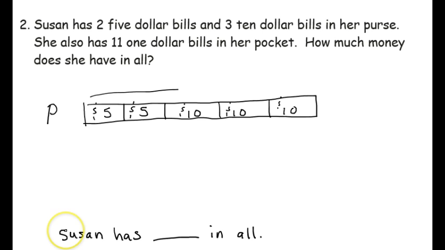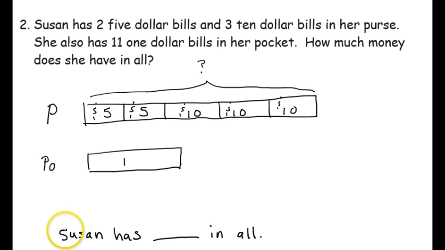And we'll want to come up with the total for the amount in her purse. Then I'm going to also show that she has, I'll put PO for pocket, and she has $11 in her pocket. The final question is the combination of both of those. So I'll put a question mark over here to remind me that I need to come up with the total.